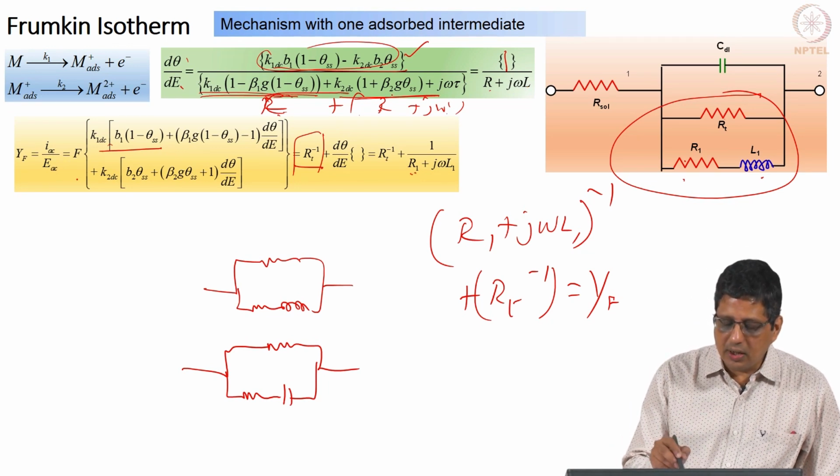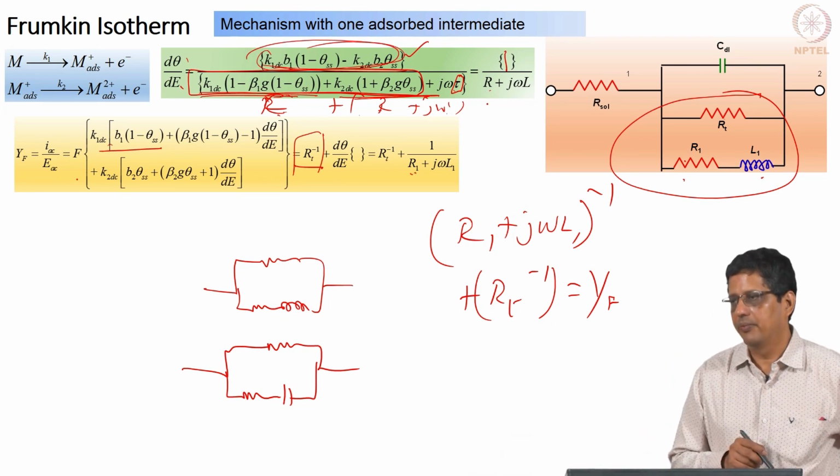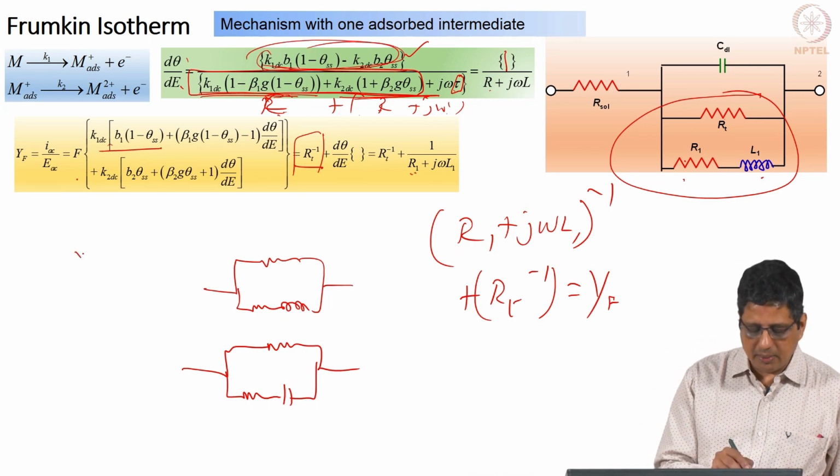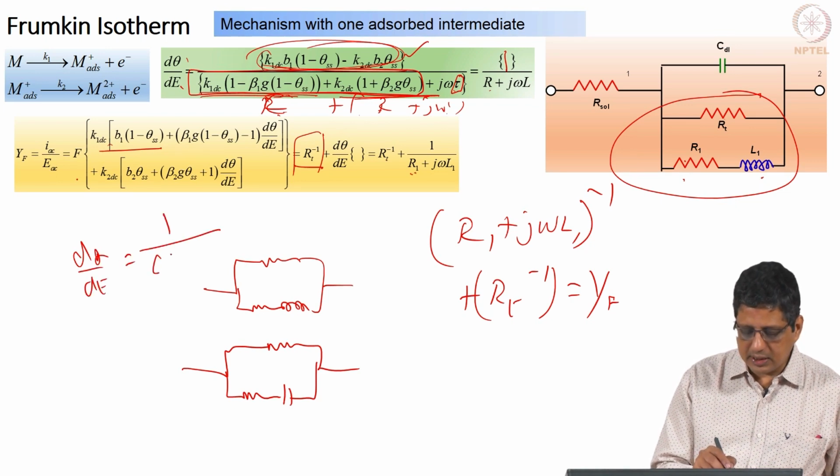So, in fact I should say all this put together should be the R value, and j omega gamma by this term is going to be the L term. The point is I can write d theta by d e as 1 by some constant plus another constant into j omega, some constant C1 C2 j omega.